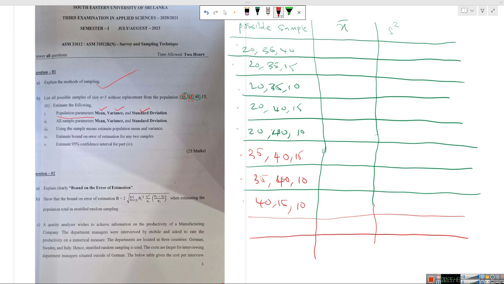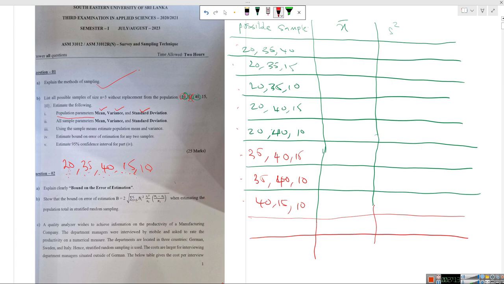So now if I write this way, I can easily find out. 20, 35, 40, 15 and 10 we have, right? So 20, 35, 40; 20, 35, 15; 20, 35, 10. Then 20, 40, 15; 20, 40, 10.